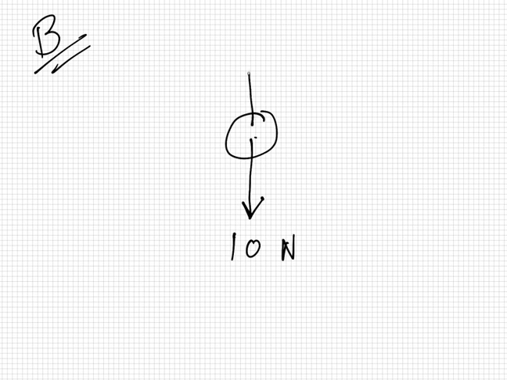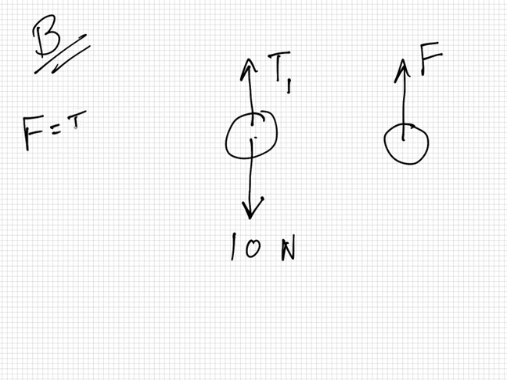And then what's this force called? T1. So I add them together, and what do I get in total? I call it just F. So I have F equals T1 minus 10.